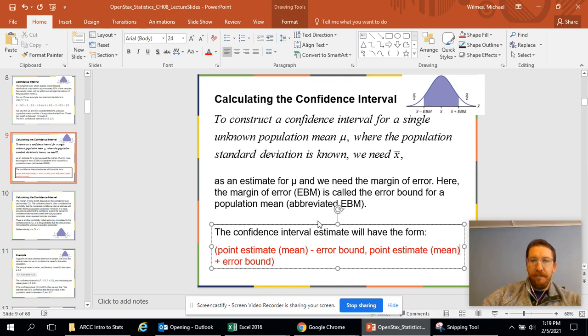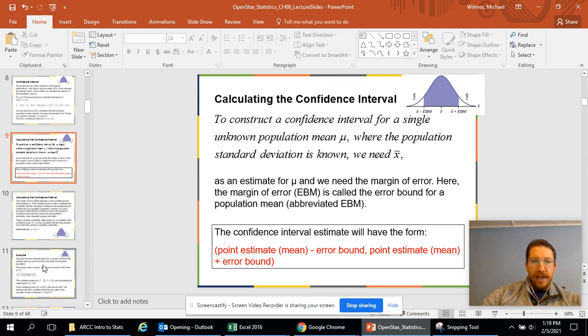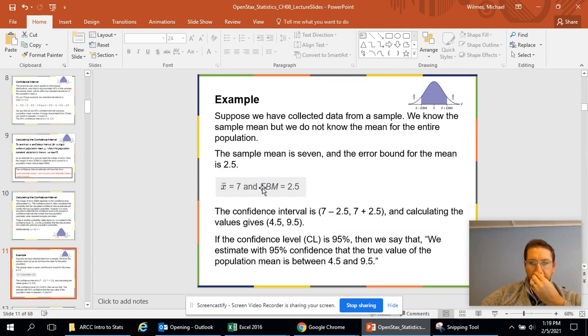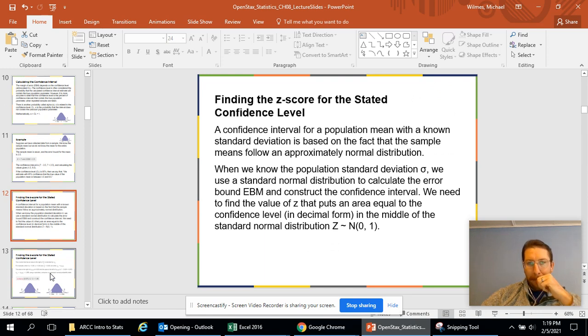What we're going to do is add and then subtract that error bound. And so we subtract this 2.5 and add the 2.5 to the average, and it gives us our range of numbers. So between 4.5 and 9.5, this one we would have 95% of our data. We'll talk more about those percentages in just a moment. That's just a general one.